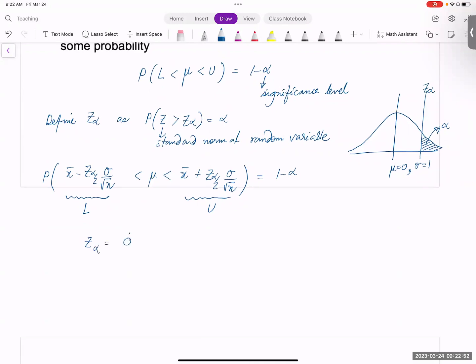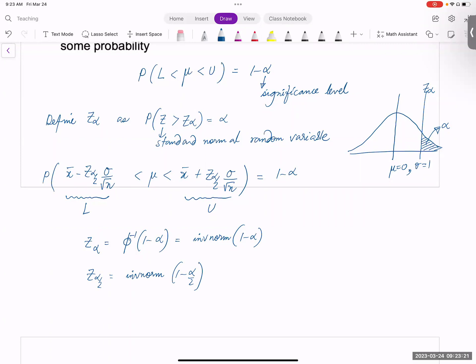This is equal to phi inverse of 1 minus alpha, right? And then phi inverse is nothing but INV norm on your calculator, and then you can plug in 1 minus alpha here. Okay. So if you have to compute, let's say, z alpha over 2, on your calculator, you can do INV norm 1 minus alpha over 2. That will give you the answer.